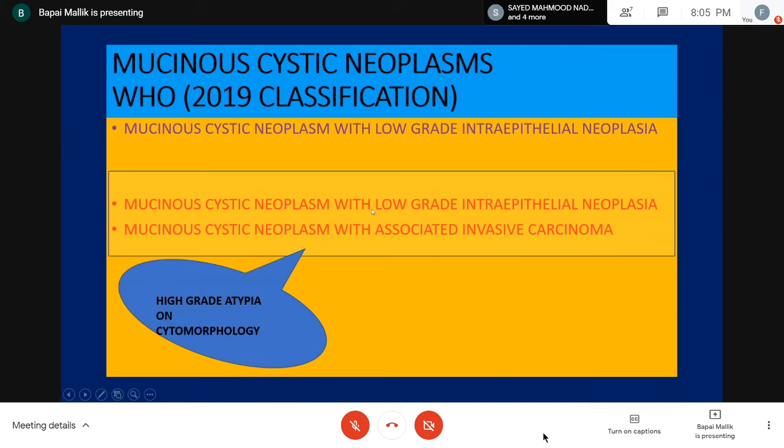So mucinous cystic neoplasm with high-grade intraepithelial neoplasia and mucinous cystic neoplasm with associated invasive carcinoma are together called high-grade atypia on cytomorphology. Extremely sorry about this one. So this is high-grade atypia and associated invasive carcinoma. So we are looking for these changes. When you say high-grade atypia on cytomorphology, they are actually covering these two lesions.